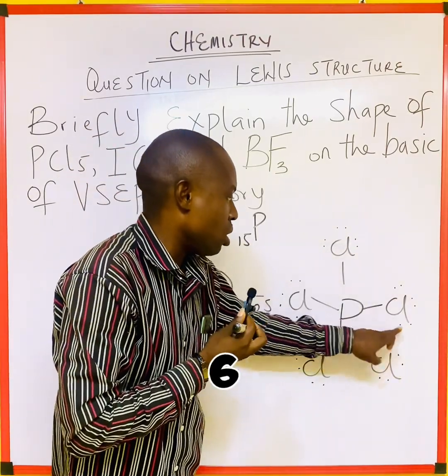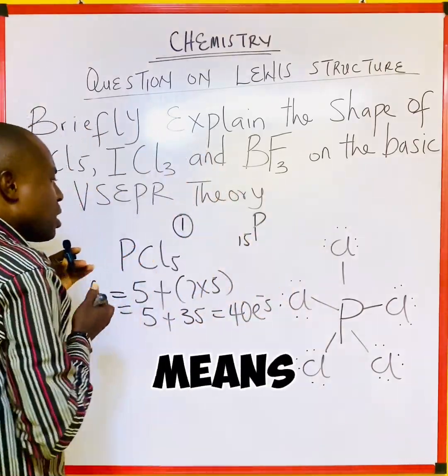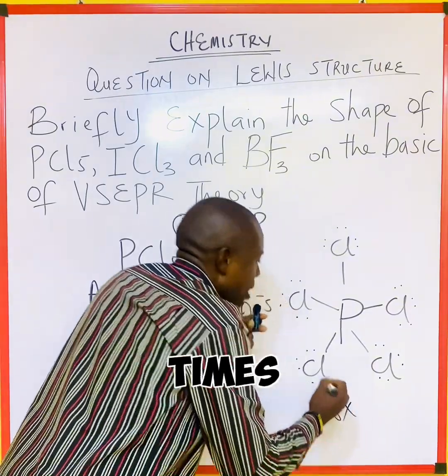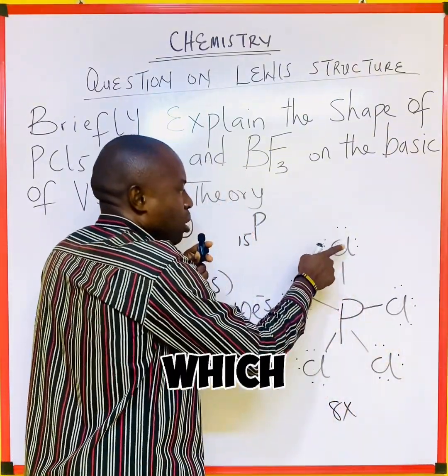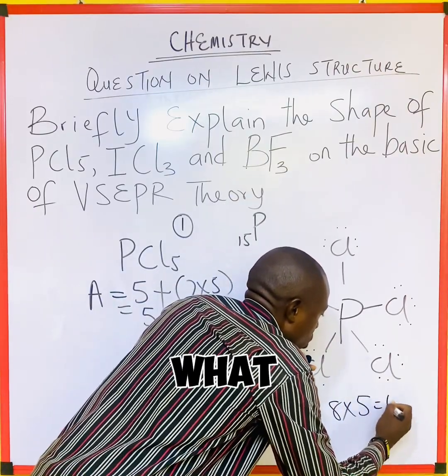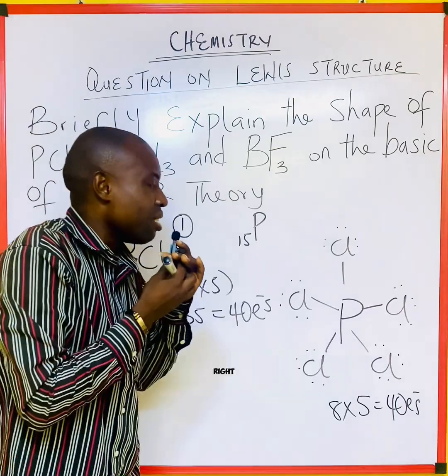So altogether, 8 times 5 atoms, 1, 2, 3, 4, 5, is 40 electrons.